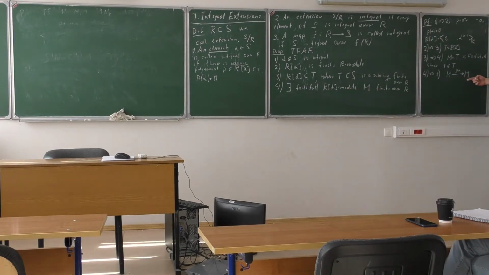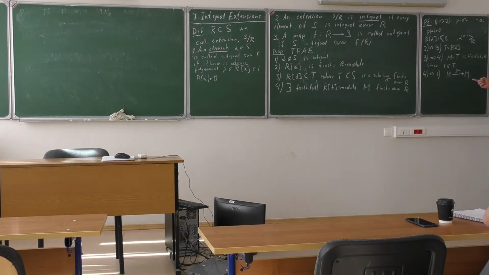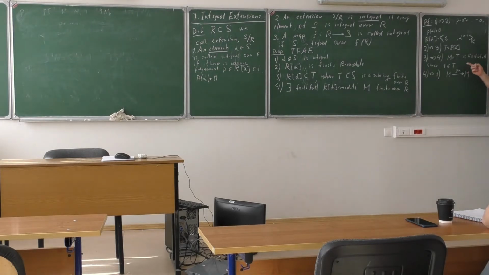This is a finite faithful module, so if I choose generators, I can associate a matrix to this multiplication and then apply Cayley-Hamilton. So multiplication by alpha is a zero of its characteristic polynomial, and that starts with the leading coefficient being 1, so if you choose the correct definition, it starts with x to the n.